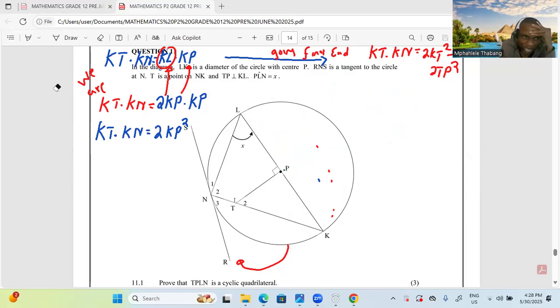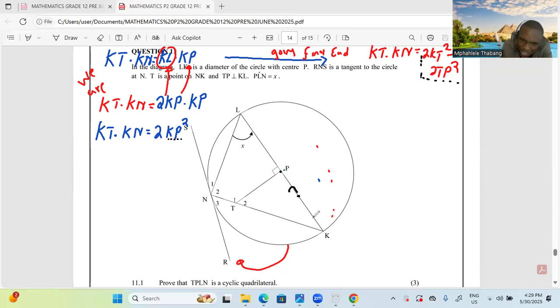If we look at the final answer, we don't have KP here. We only have 2KT squared minus 2TP squared on my right hand side. I don't have this KP. So it means I have to substitute KP. What can I substitute KP with?